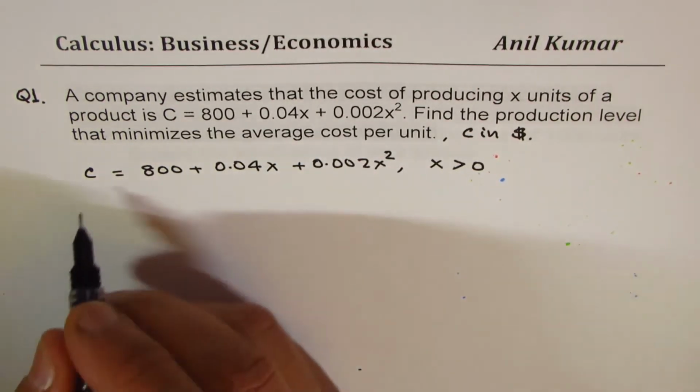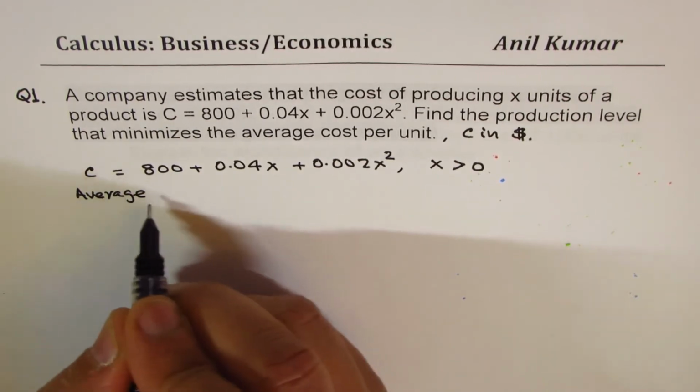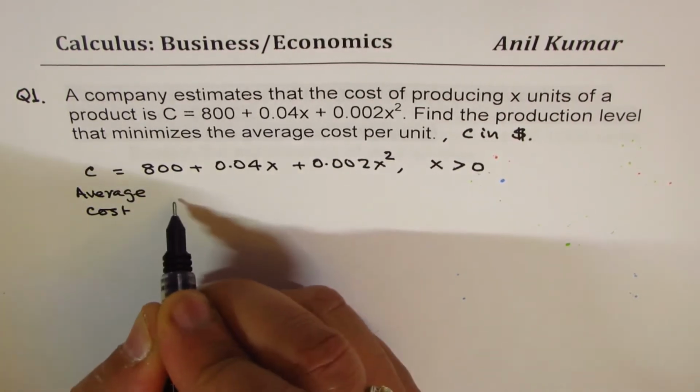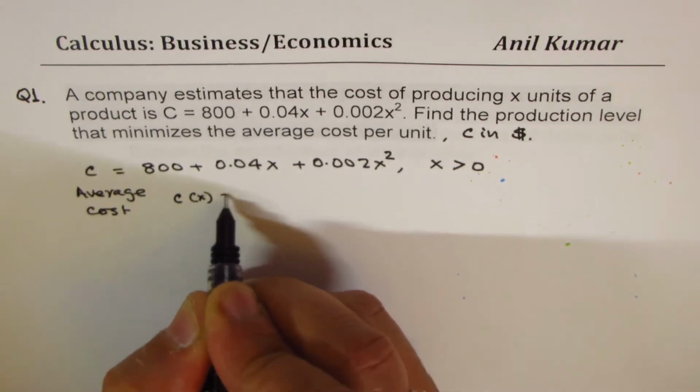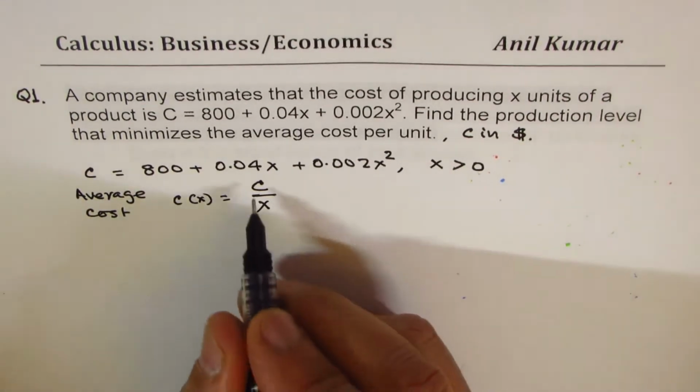Now what is average cost? Average cost is c of x, which is total cost over the number of items being produced. So it's that ratio, right?